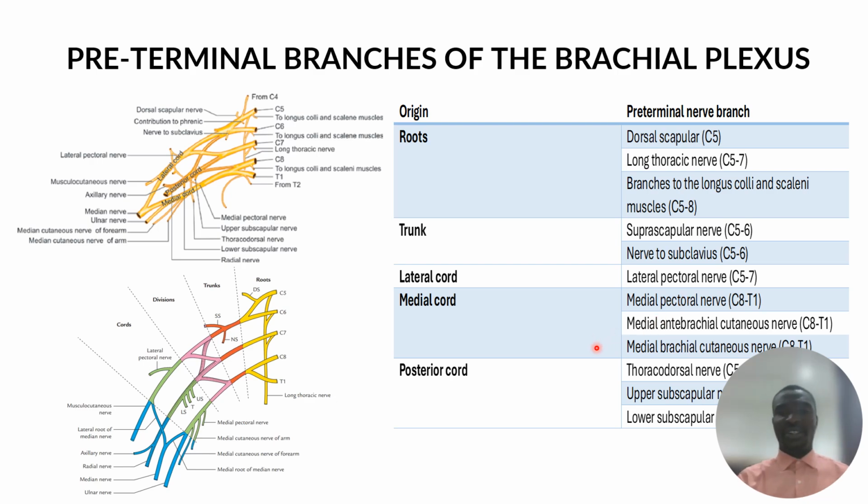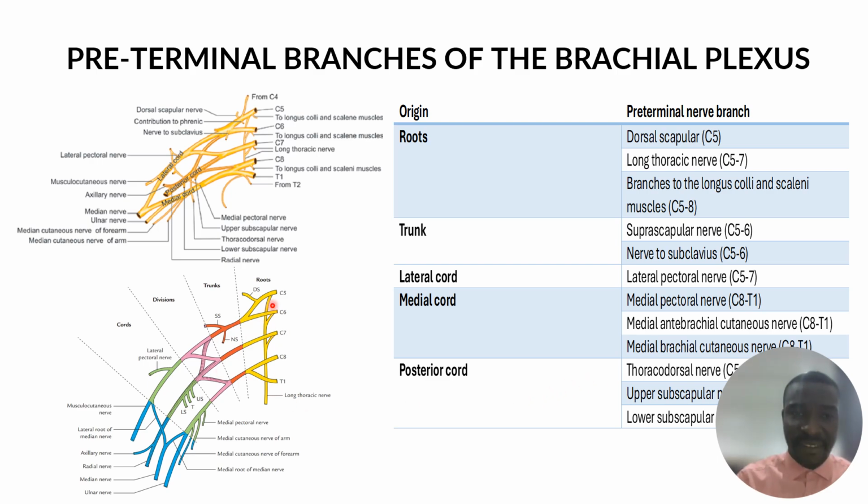And for the posterior cord, you have the thoracodorsal nerve, very popular for its role in the latissimus dorsi, and it also gives off the upper subscapular nerve and the lower subscapular nerve that supply the subscapularis muscle and the teres major as well. So these pre-terminal branches go further deep into the upper limb and make specific function and control of the entire muscles within the upper limb.